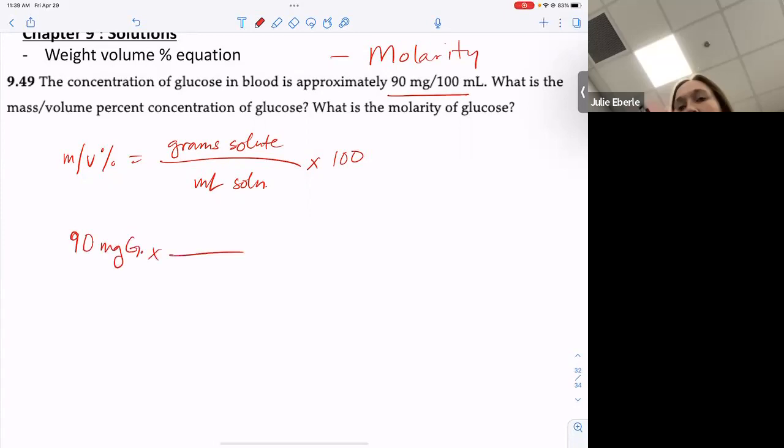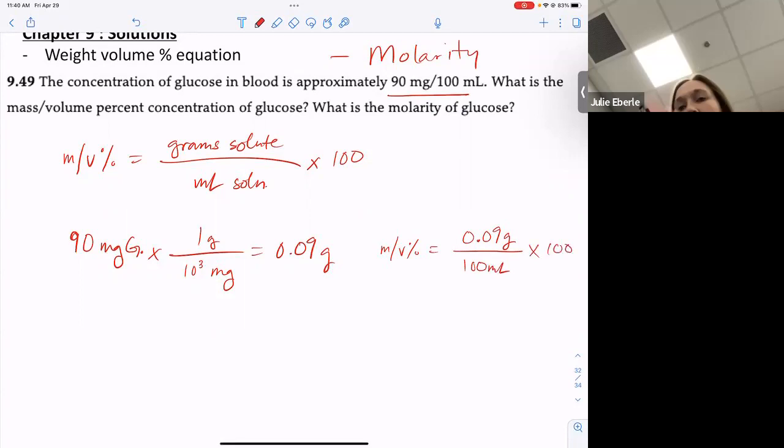Let's convert that to grams. There's 1,000 milligrams in 1 gram. So what this means is we have 0.09 grams dissolved in 100 milliliters. 90 milligrams is 0.09 grams. Now we can plug this into our equation for mass volume percent, which would be 0.09 grams of glucose over the 100 milliliters of solution, times 100.